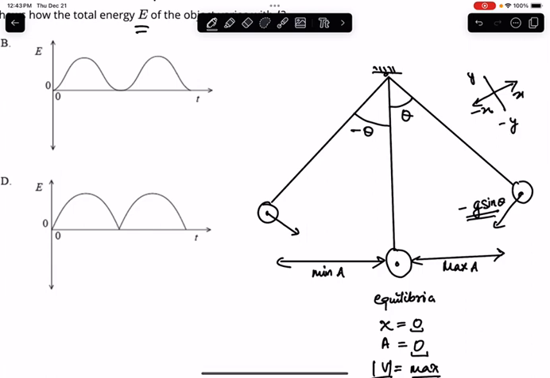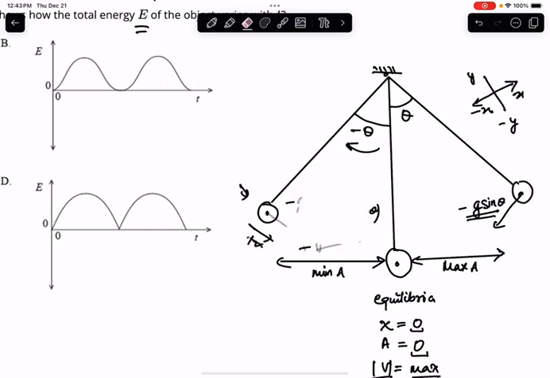Similarly, when you get to this point, the force is given by negative g sine of theta, but because you go the opposite direction, this becomes negative g sine of negative theta. And sine of negative theta is negative sine theta, so the negative and negative cancel out. This just becomes g sine theta in the positive direction because you're going in the positive x direction.